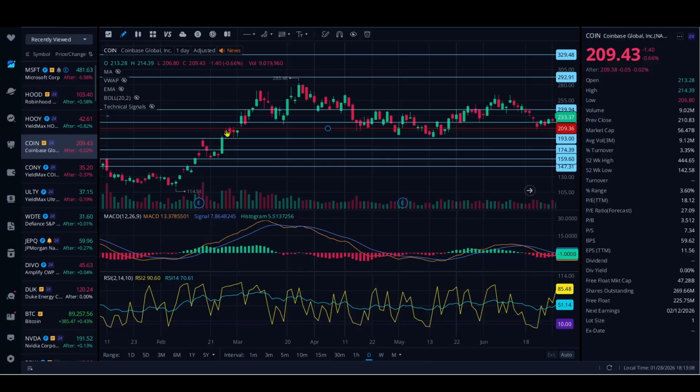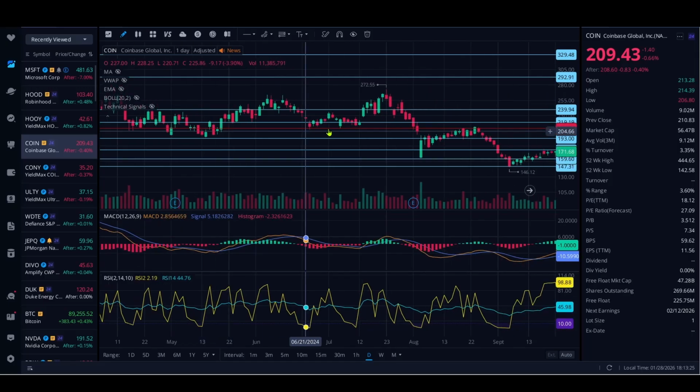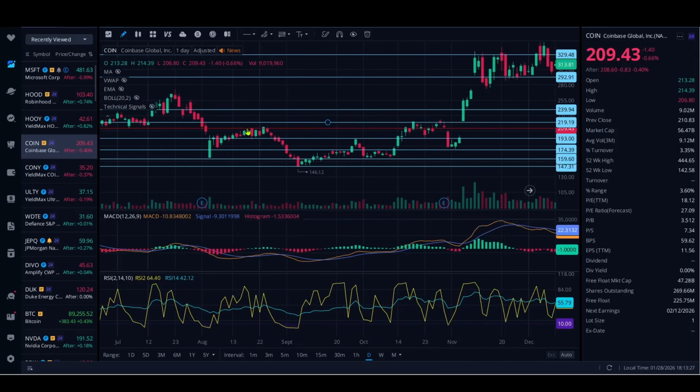Not saying that means it's not going to break it, because it has broken it many times, but there has been a lot of bouncing off of it, whether it's bouncing off of it and moving up, or coming up, hitting it and falling down. You can see several times where it has hit this same red line.